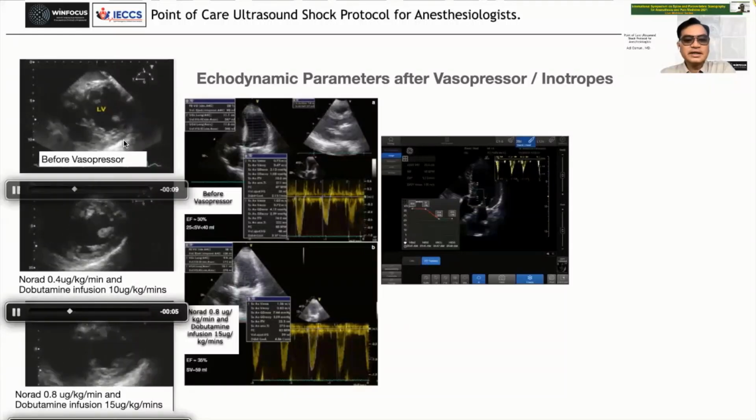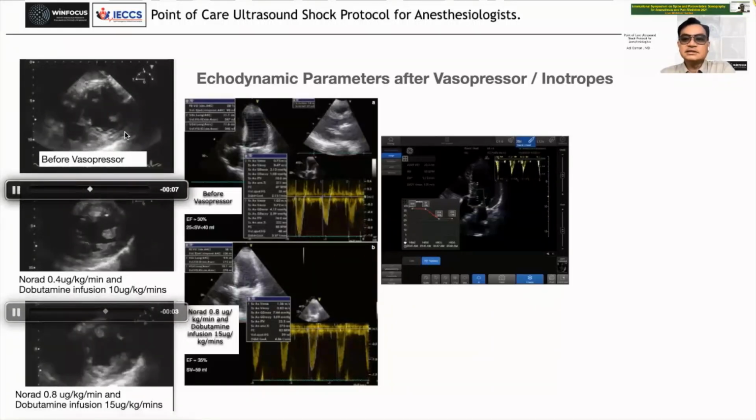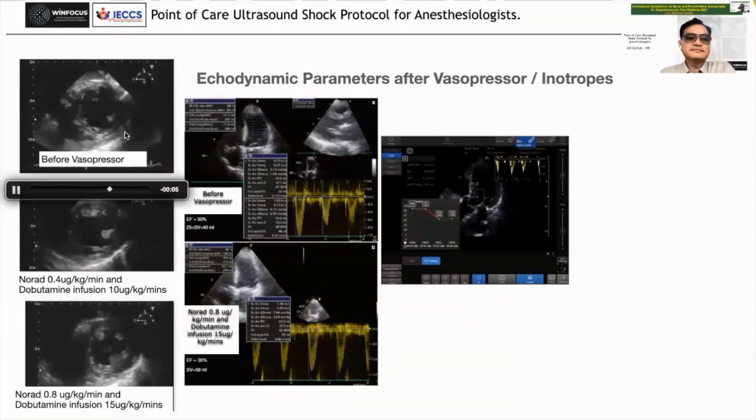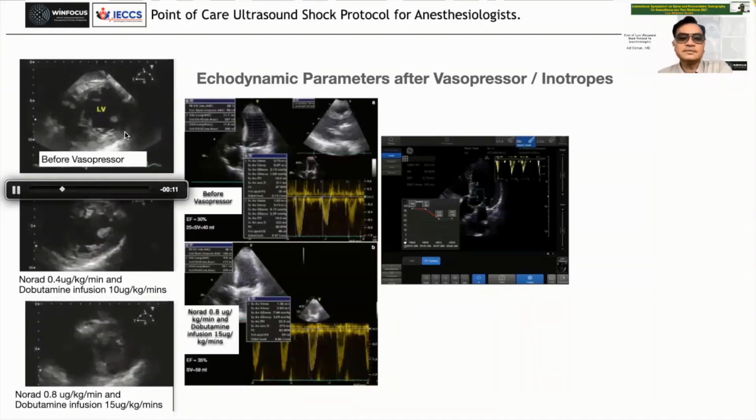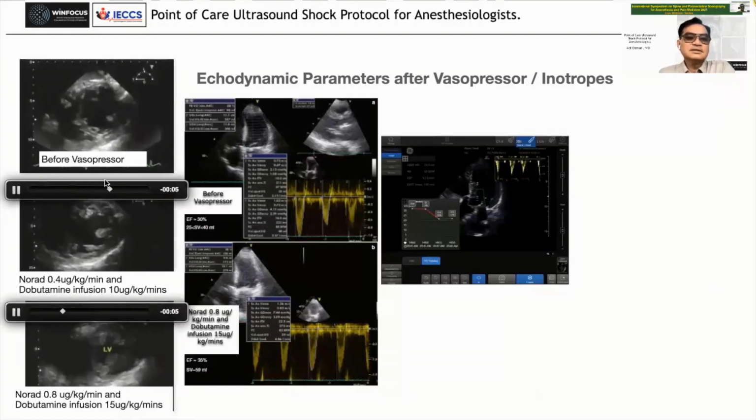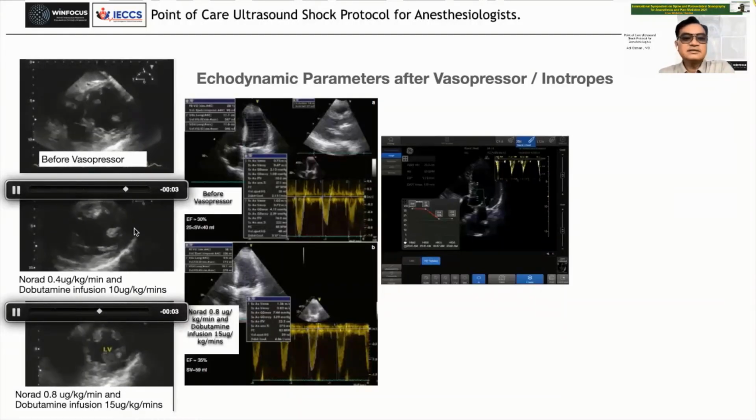You can see, number one, there's an increase in myocardial contractility, in terms of systolic function. Because when we start a patient on a vasopressor or inotrope, what we want is actually to stimulate the beta adrenergic receptors. And you can see from here, you're able to actually increase the systolic function of this heart.